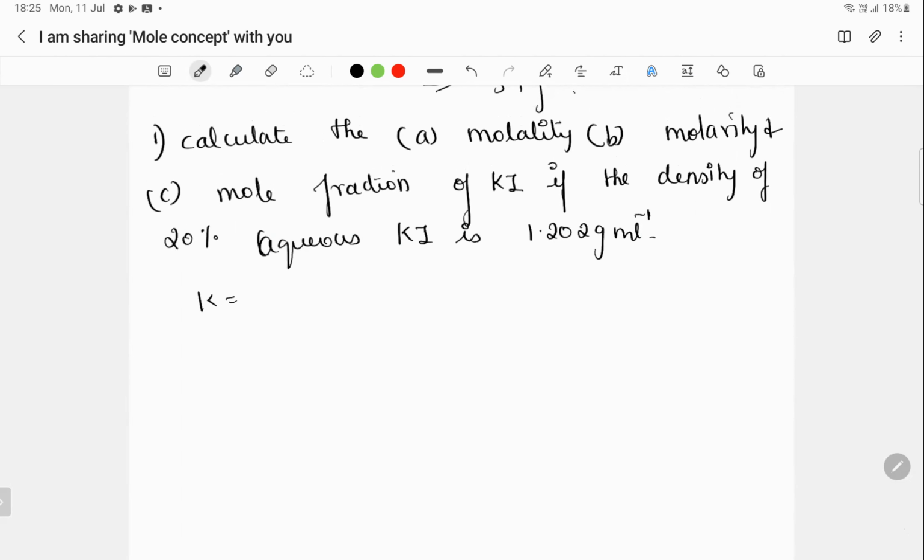Potassium atomic weight is 39, iodine atomic weight is 126.